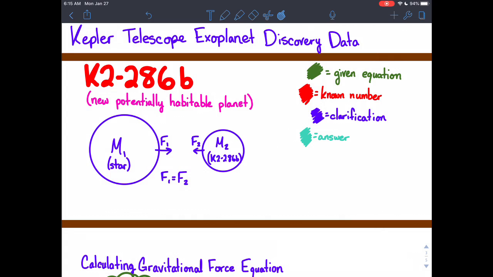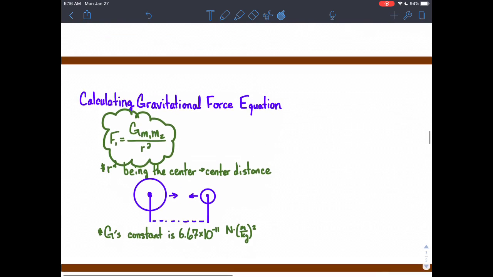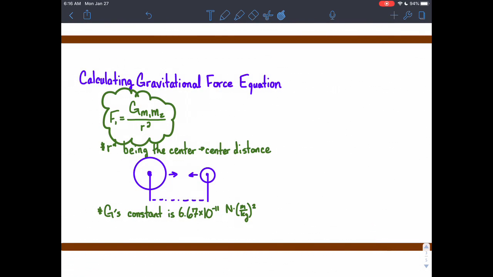So we start out with M1 on the left and M2 on the right, M1 being the star that K2 286b orbits, and they both emit the same force on each other. As you can see, F1 equals F2. So now we're going to calculate the gravitational force between both of them. F1 equals F2, so the F1 in this equation can equal both of them.